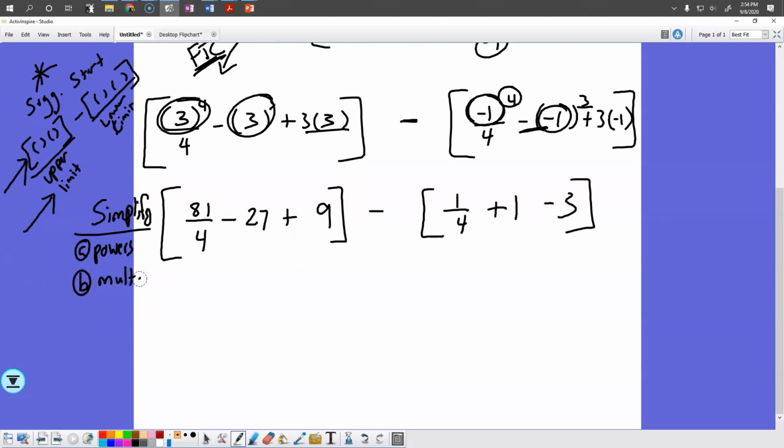I'm going to say go ahead and distribute your negatives. Okay? So, what do I mean by that? I mean this guy right here. Distribute that into this second set. You're subtracting the whole thing, so just go ahead and distribute it in there.